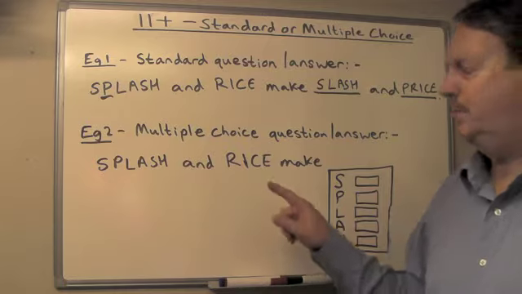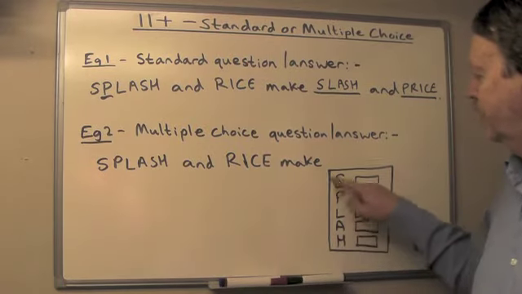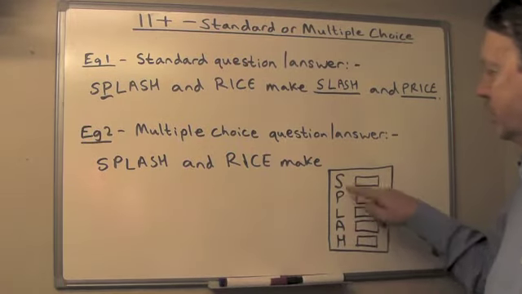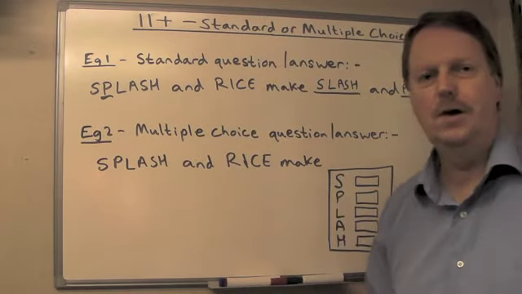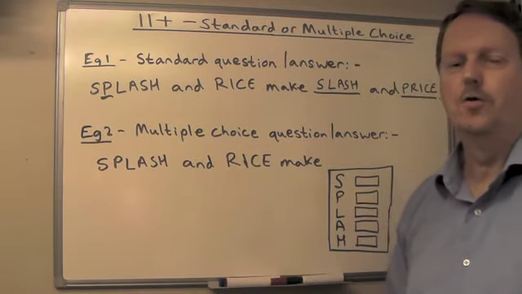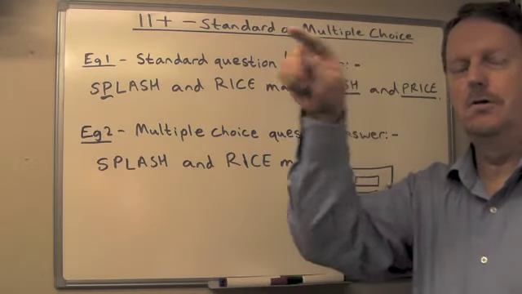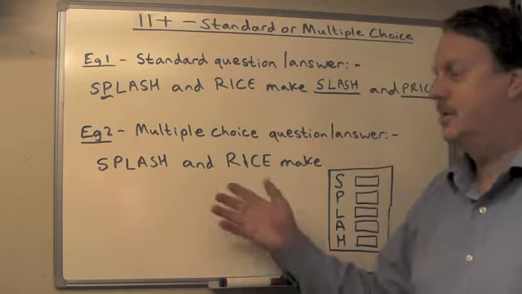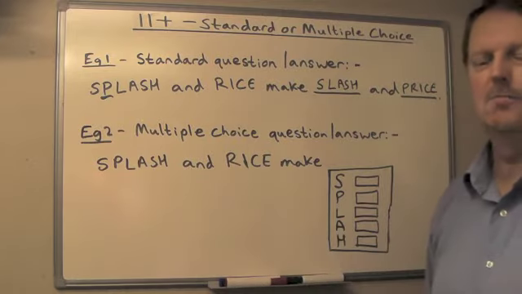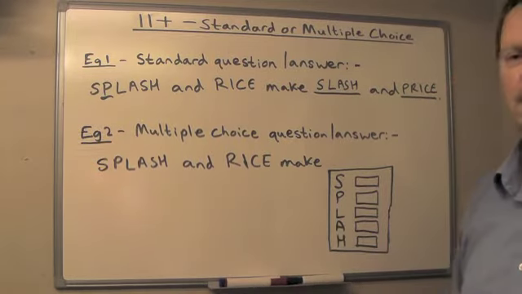Instead, on a separate piece of paper will be lots of these little boxes with smaller boxes inside. Now, if you think of the lottery form that you fill in, you just put a little line across the numbers that you want to choose when you're doing the lottery. It's exactly the same with the 11 Plus multiple choice type of paper.